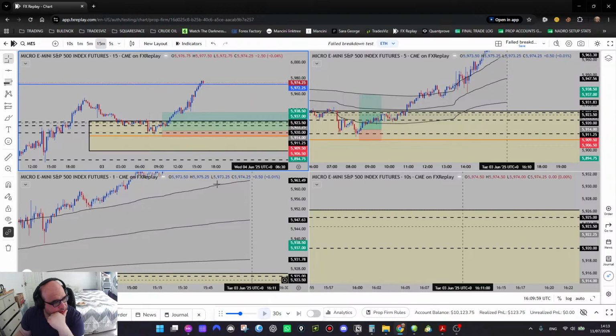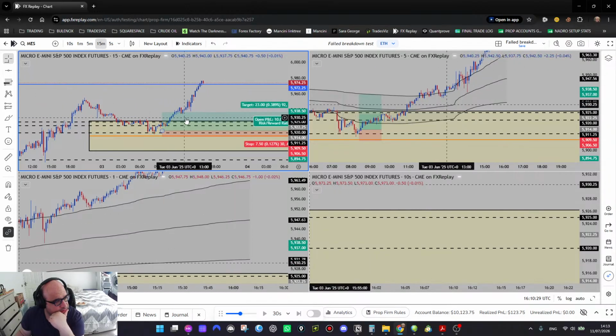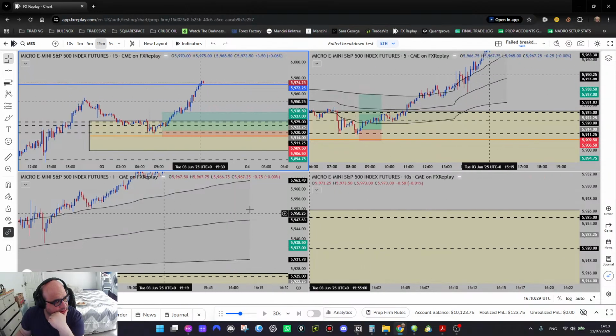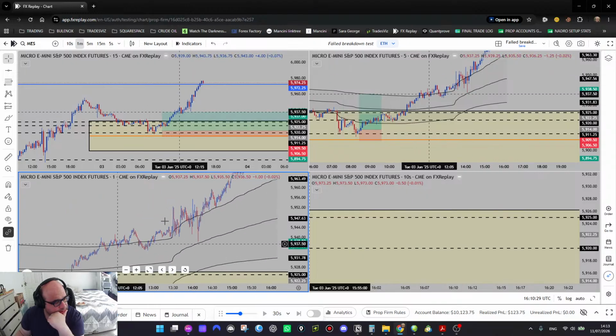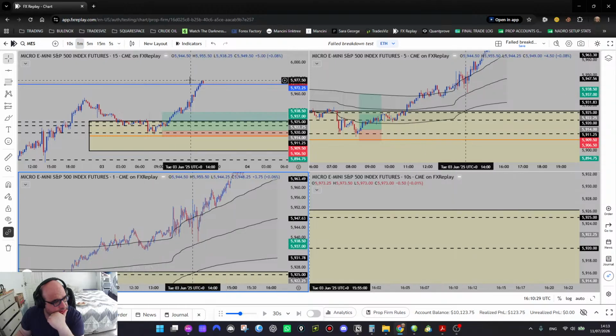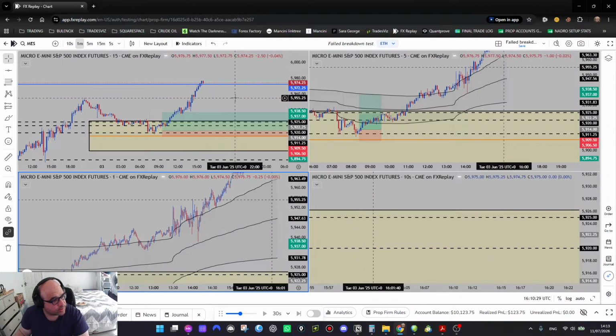So yeah, that's the end of the session. So we can see here how price literally not only hit the DVA high, which was our target here, but then it went 59.36, literally like 40 points more. So we could actually leave a runner.